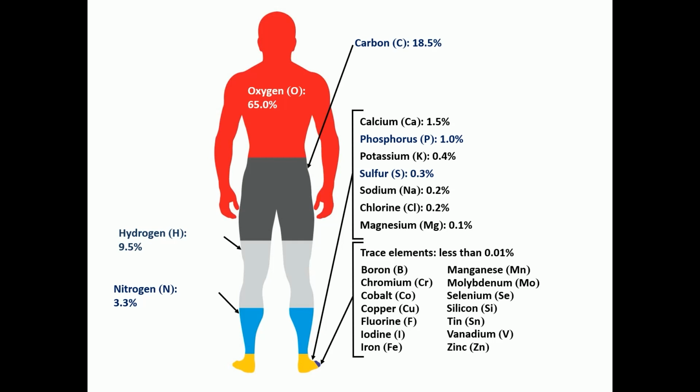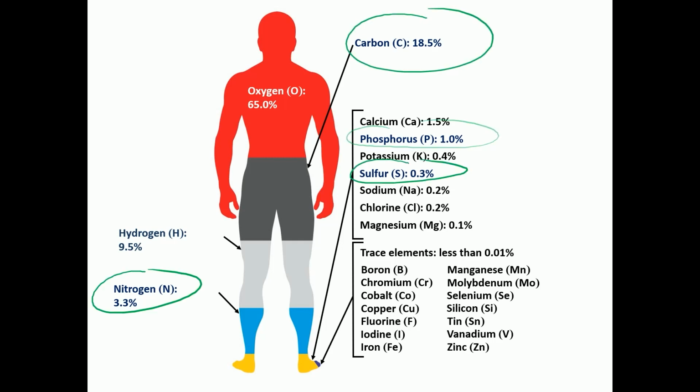Of the remaining materials, we are going to talk about phosphorus and sulfur and how they play a role in ecosystems specifically. So if we take a look at this chart of what materials make up our body, we're going to talk about a number of biogeochemical cycles, which is how chemicals cycle through ecosystems.